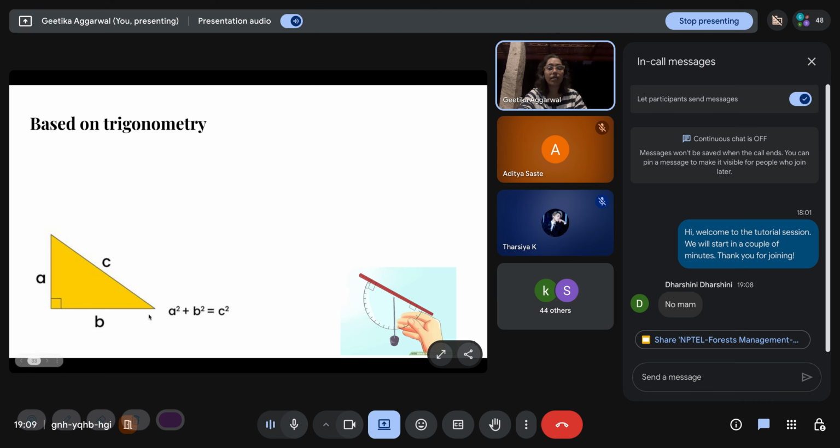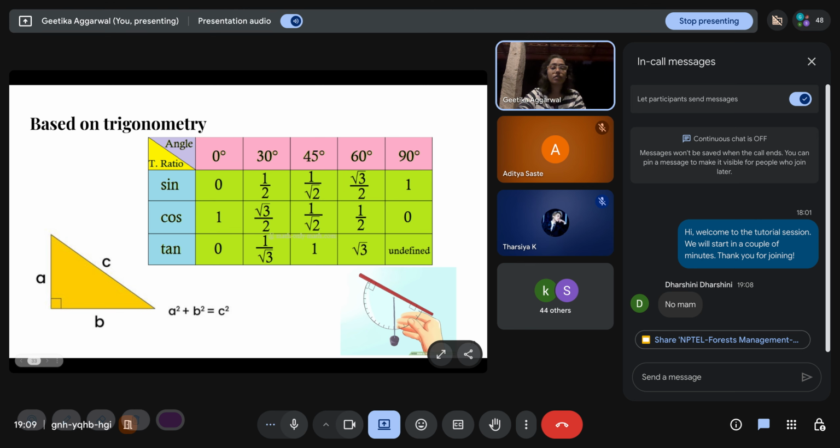The height, base and hypotenuse are related by the formula A square plus B square is C square. This is Pythagoras theorem. And if you have the angle theta between B and C, then sine theta is A by C, cos theta is B by C, and tan theta is A by B.